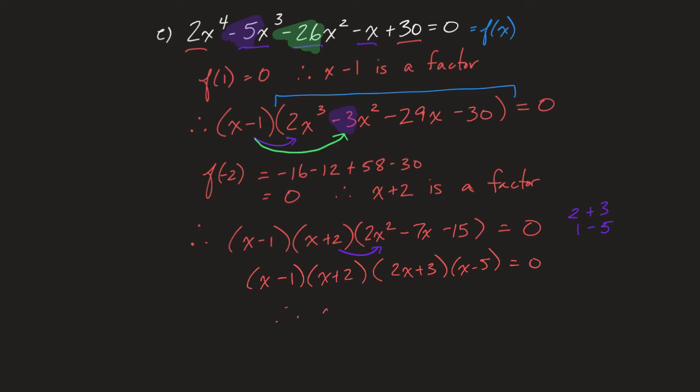And now I'm allowed to finish off with an x value of 1, or negative 2, or negative 3 halves, or 5. And for everything that we talked about before, you're okay to put in commas instead of writing in the word or, even though we know mathematically commas mean and, but it's okay in this instance.